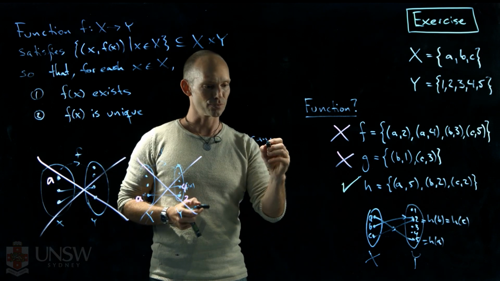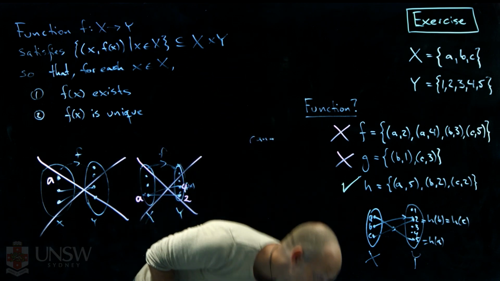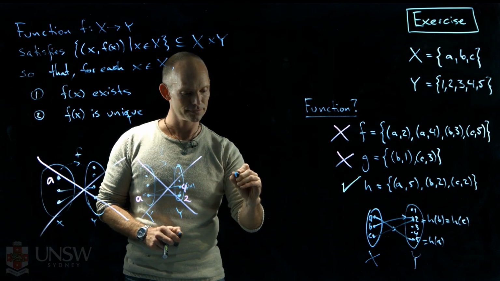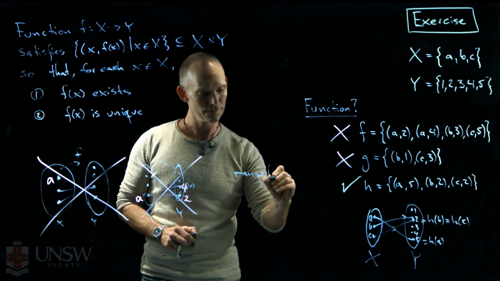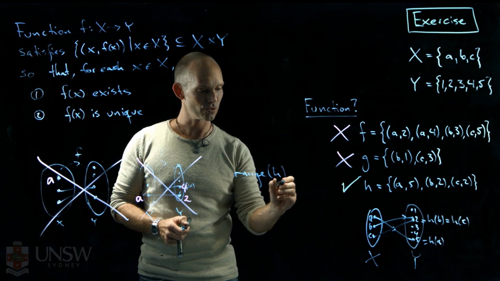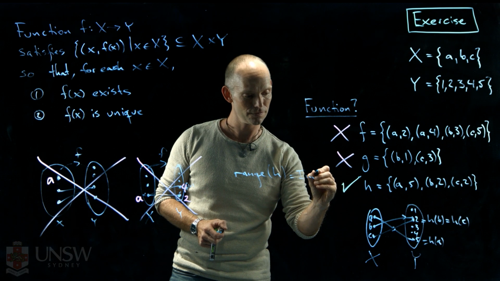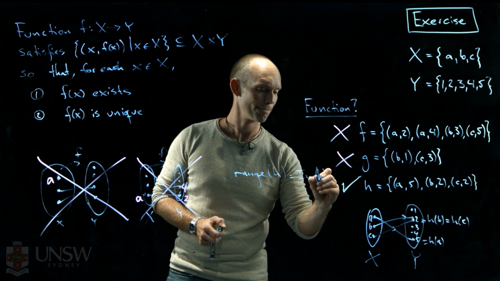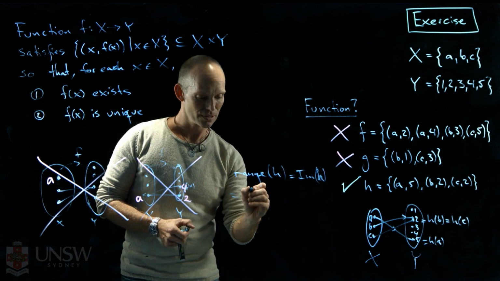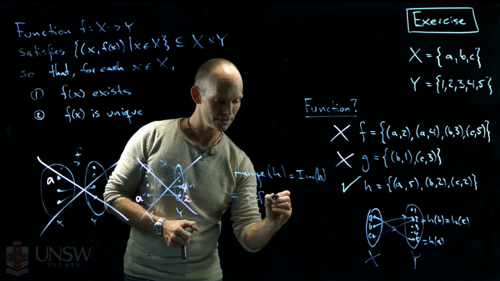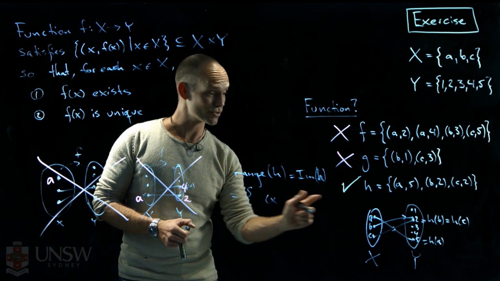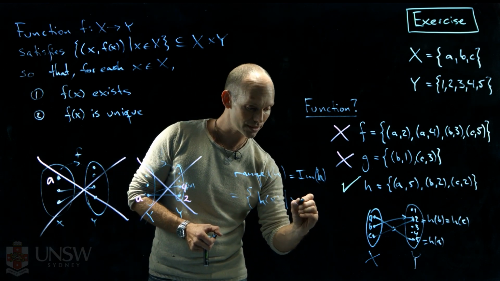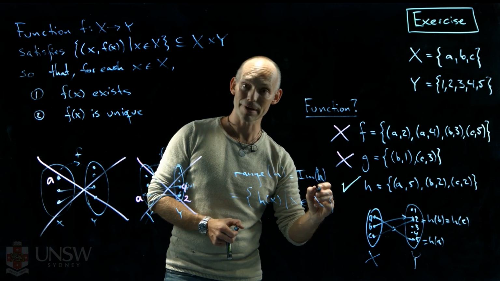So we have the range of H, or also called the image of H. That's equal to the set of function values, and here we're talking about the function H. So H of x for all x in the domain.